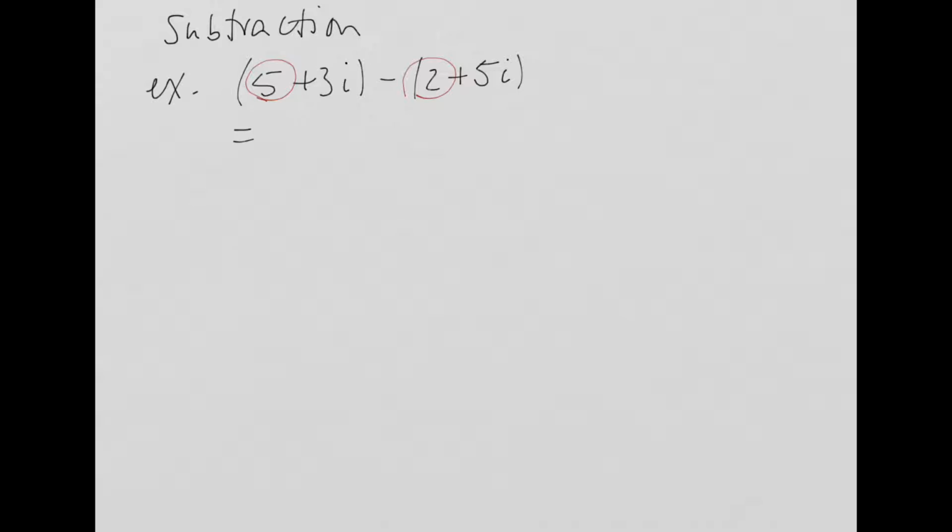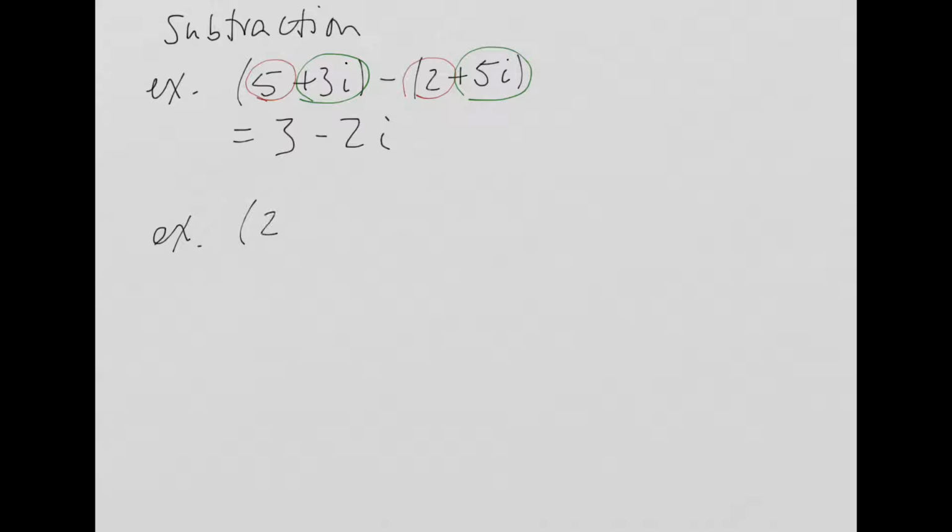But now instead of adding, I just subtract. So 5 minus 2 gives me 3. Now look at my imaginary parts. Instead of adding, I'm going to subtract. So I have 3i minus 5i gives me negative 2i. So all I did, subtract my real parts, subtract my imaginary parts, get the answer.